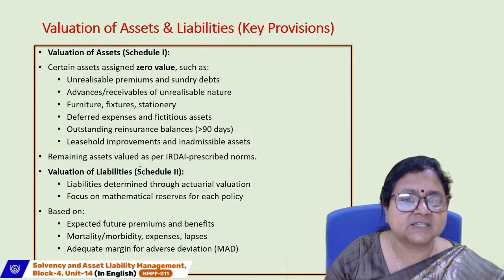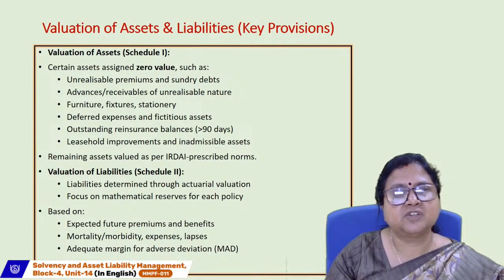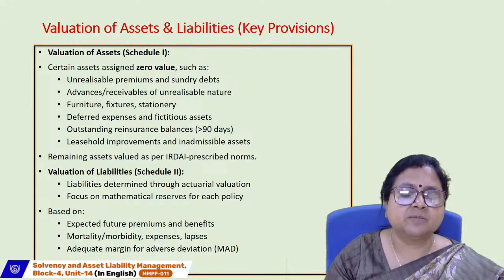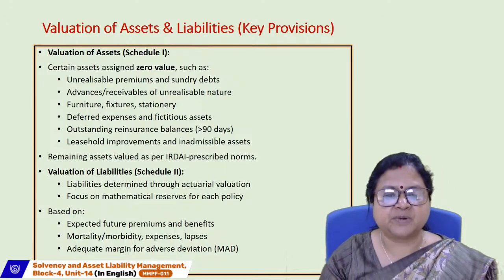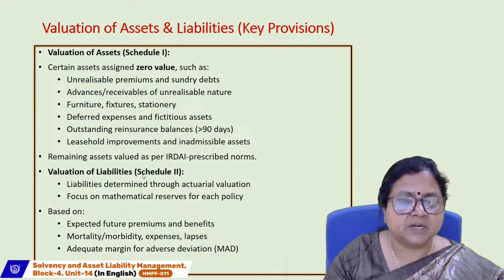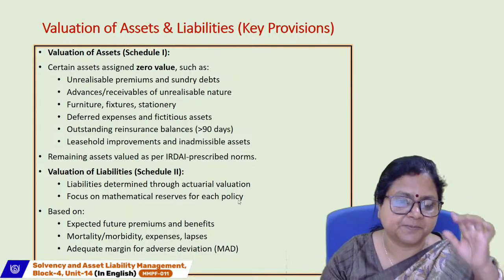The remaining assets are valued as per IRDA prescribed norms. As I said, the amount you have invested in different government bonds and securities will be valued at the present market price. Now, valuation of liabilities is in Schedule 2. Liabilities are determined through actual market valuation, with a focus on mathematical reserves for each policy.